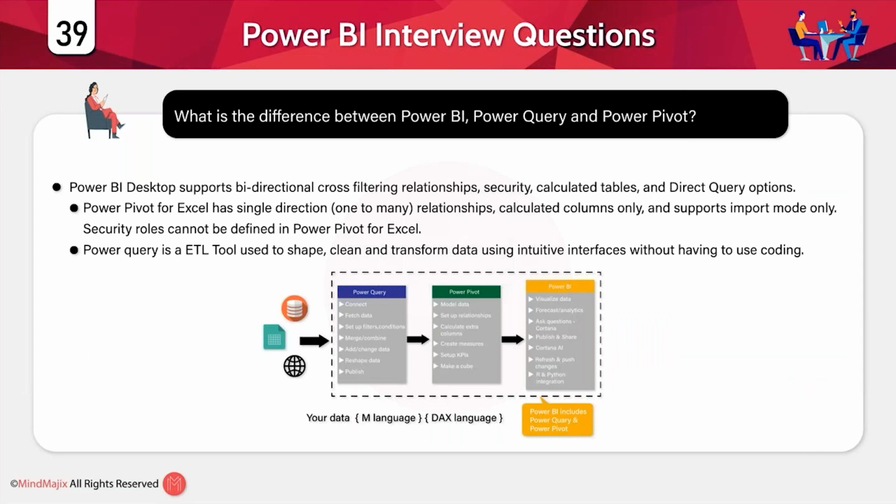Okay, let's see what is the difference between Power BI, Power Query, and Power Pivot. Though we have covered it in previous slides, let me take a quick glimpse of what Power Query, Power Pivot, and Power BI are. So Power Query will connect, fetch the data, set up filters, merge, combine, change the data set the way that you want to, reshape the data, and publish it.